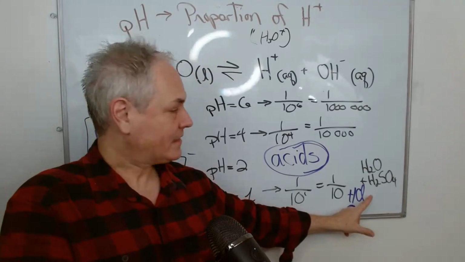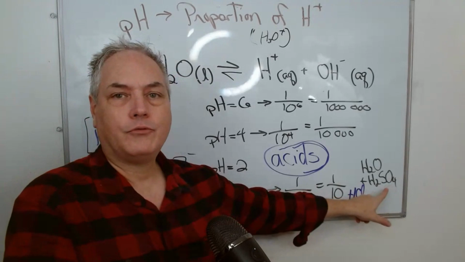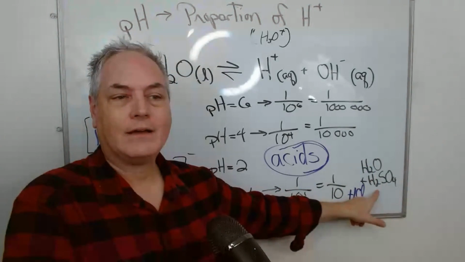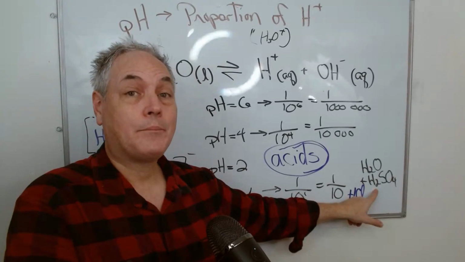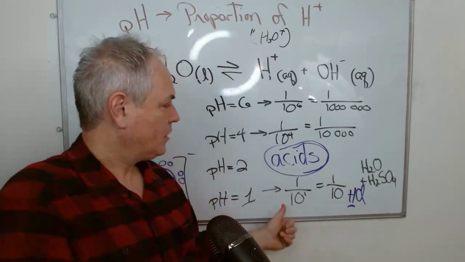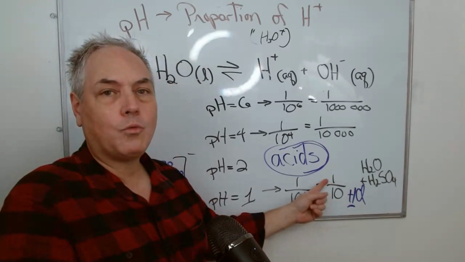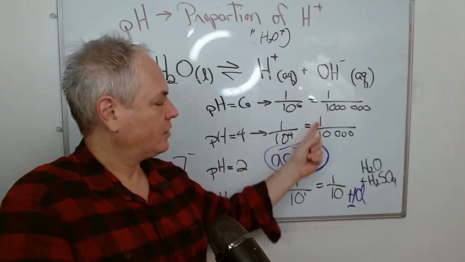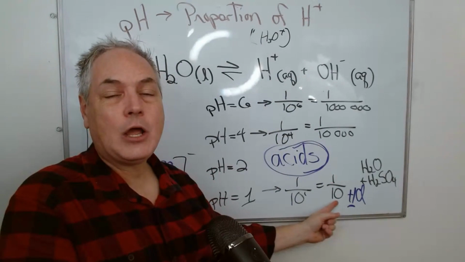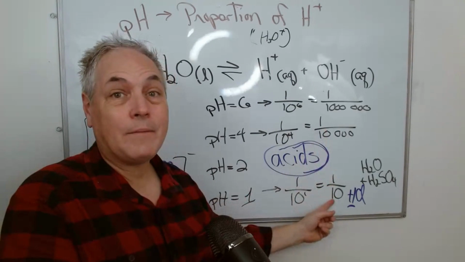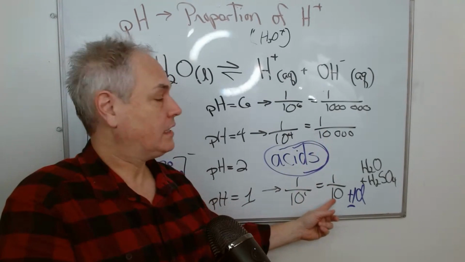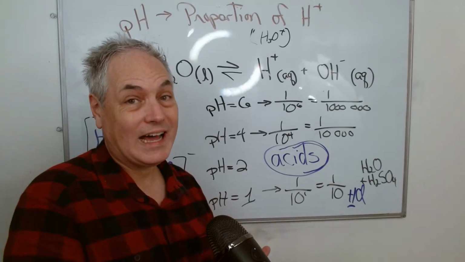If you have sulfuric acid, H2SO4, dissolved in water, you have an input of positive hydrogen ion. So here you end up with 1 positive hydrogen ion out of 10 molecules or 10 particles. So you can see here the concentration is quite higher.